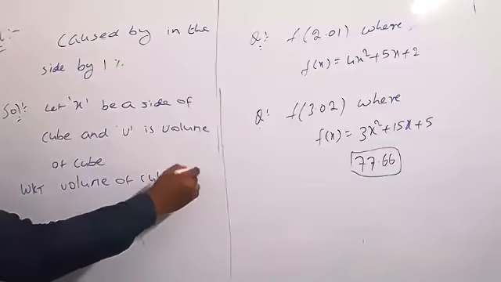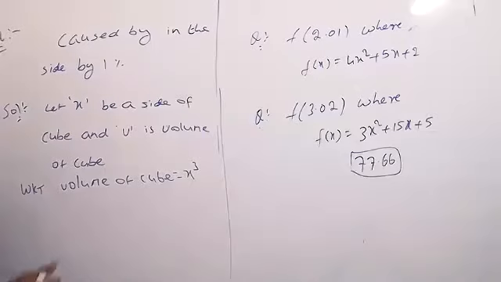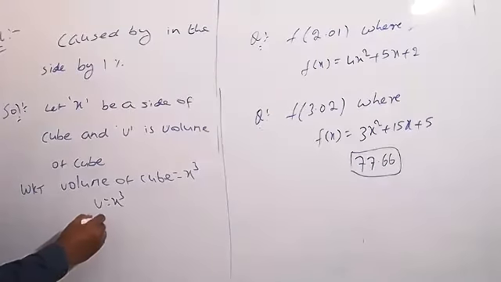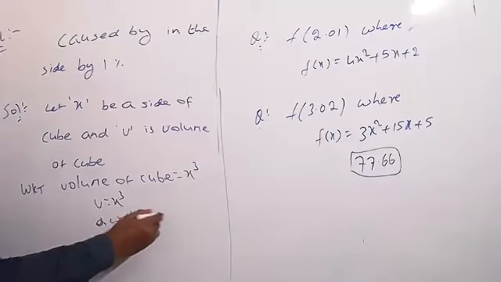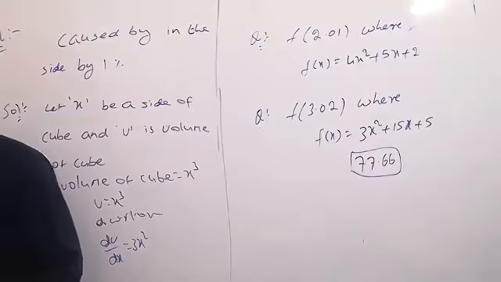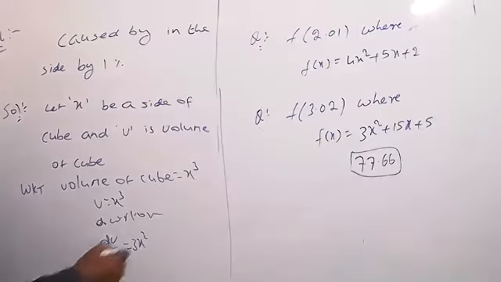We know the formula for volume of cube is a cube, that means V equals x cube here. Now differentiate with respect to x on both sides. So dV by dx equals 3x square. This you can take as the first equation.